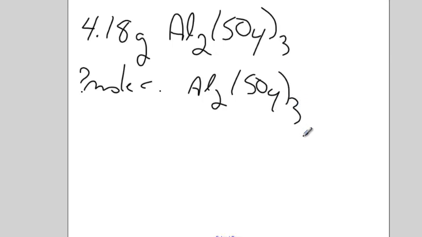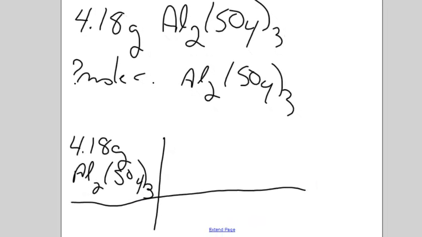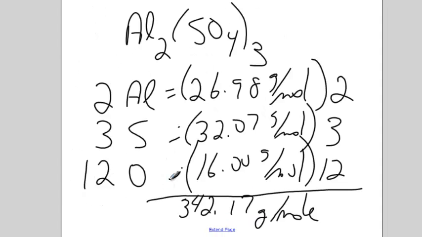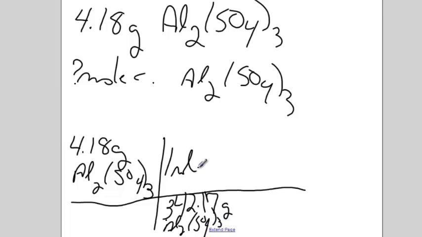Now this is a two-step problem because I have to go from grams to moles and then I can go to molecules. So I have 4.18 grams of aluminum sulfate. Molar mass, I figured out over here, it's 342.17. So that's 342.17 grams of aluminum sulfate for every 1 mole of aluminum sulfate.